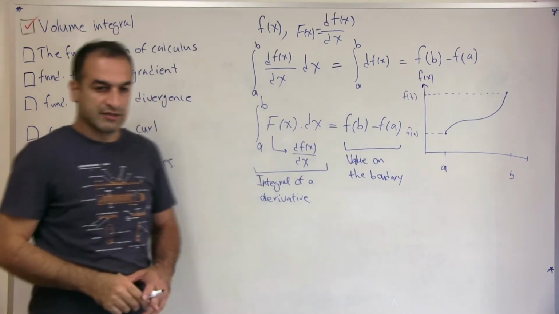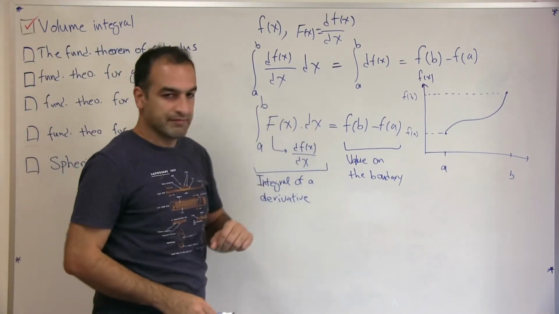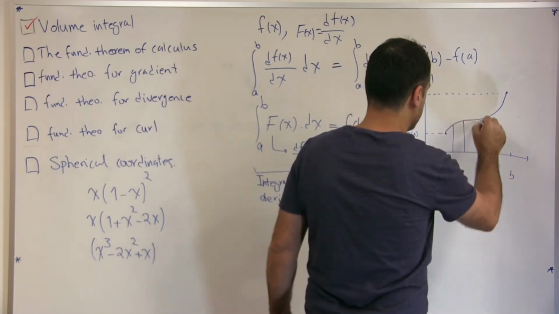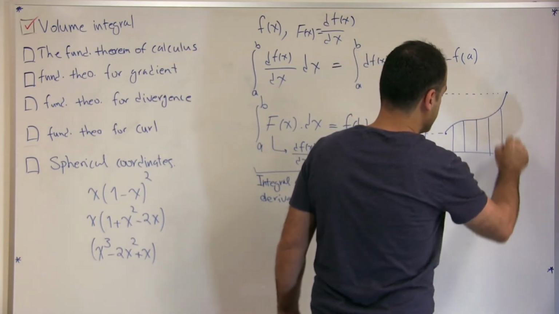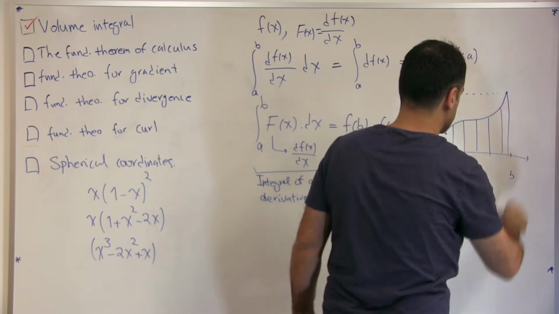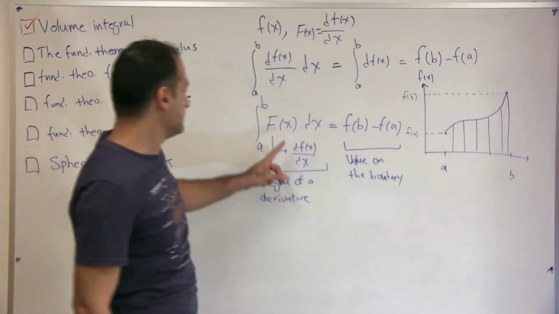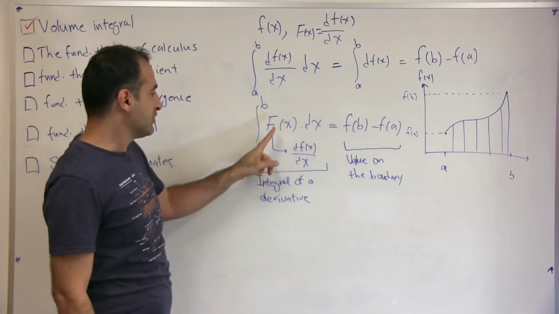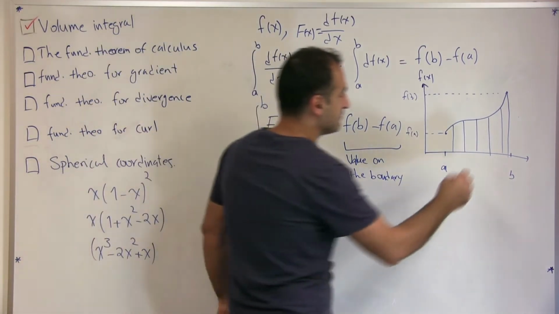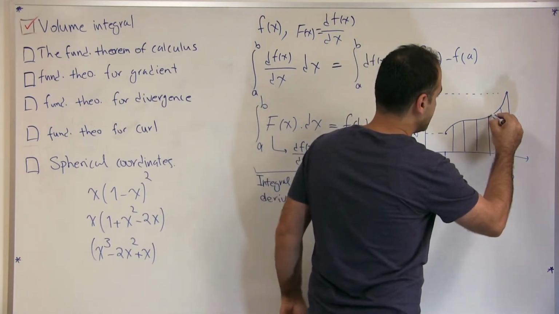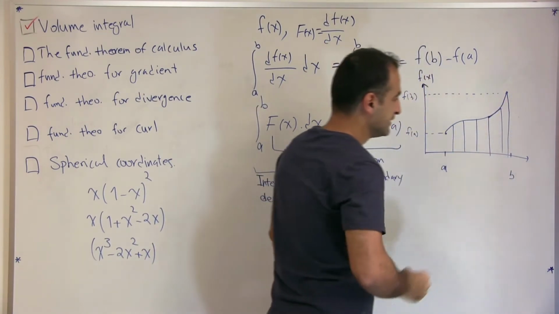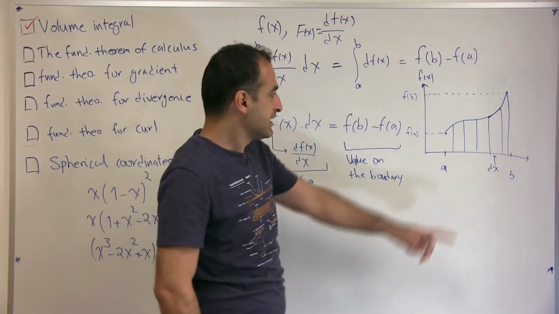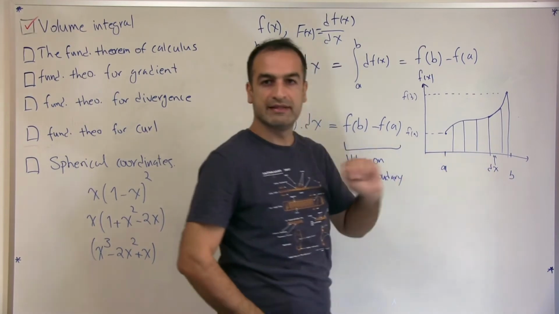So the integral of the derivative means we are chopping the path from a to b into small pieces. And once we do, the derivative is a slope. So f'(x) times dx basically means we have this part with the length of dx over the x-axis, and we are multiplying a slope by dx.